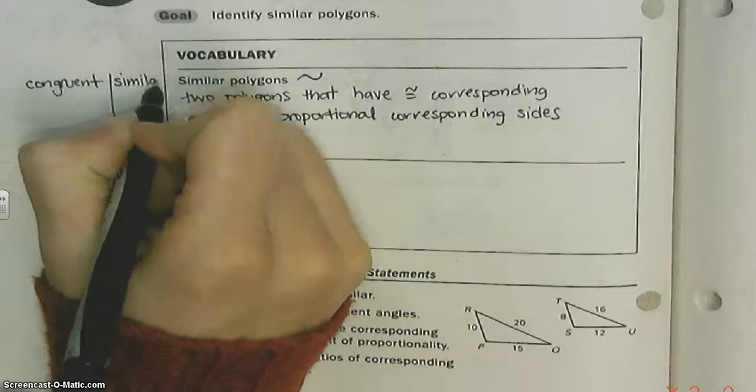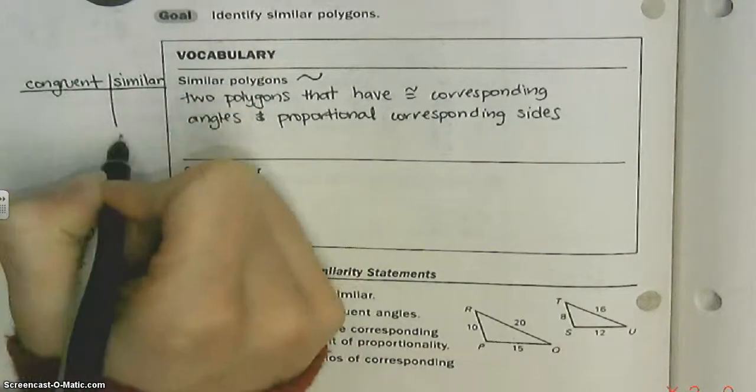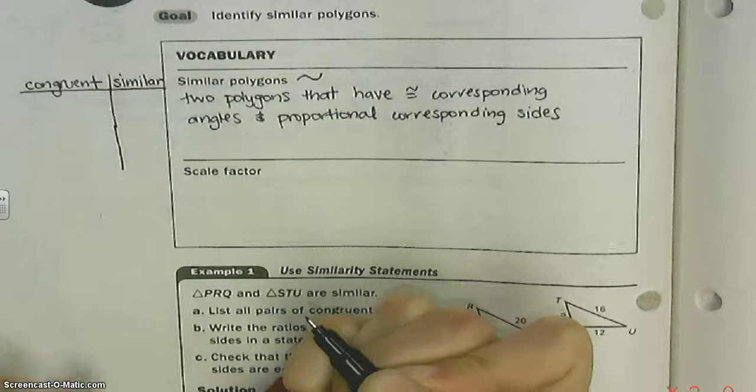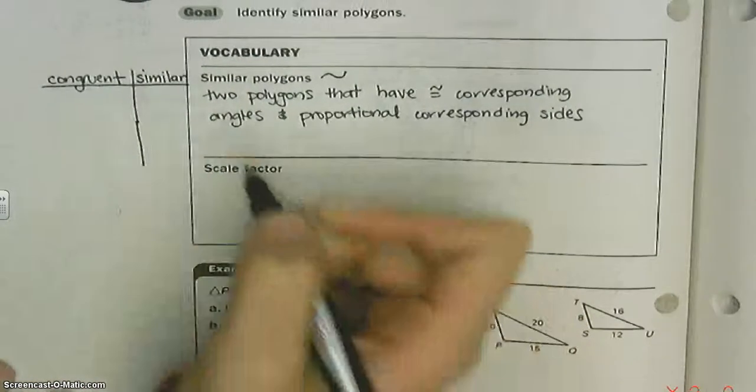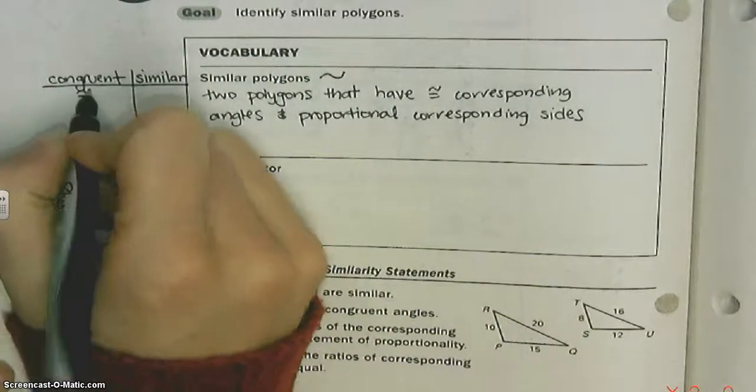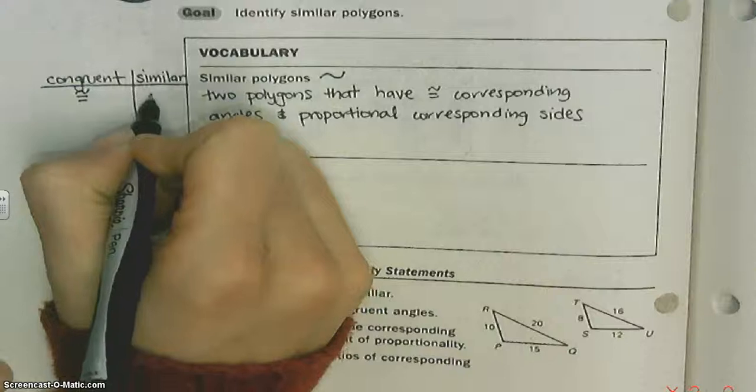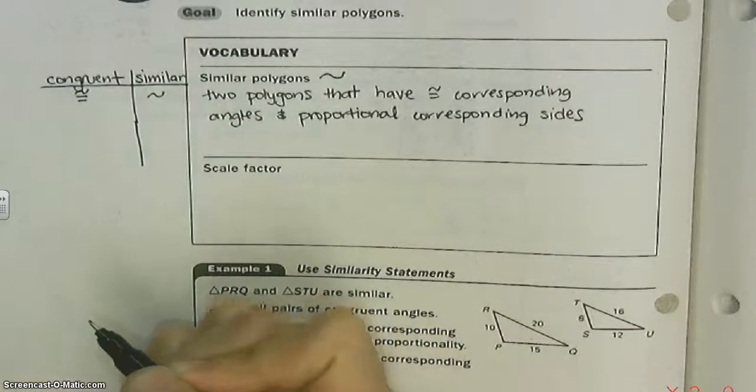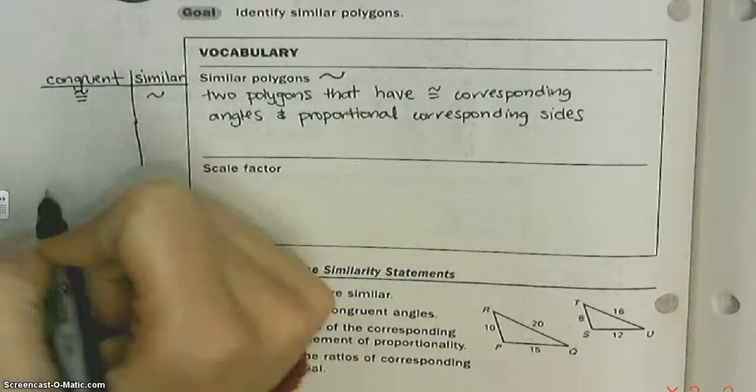What's the difference between being congruent and similar? Well, first of all, the symbol. This is the congruent symbol. This is the similar symbol. All right, so there's one difference.